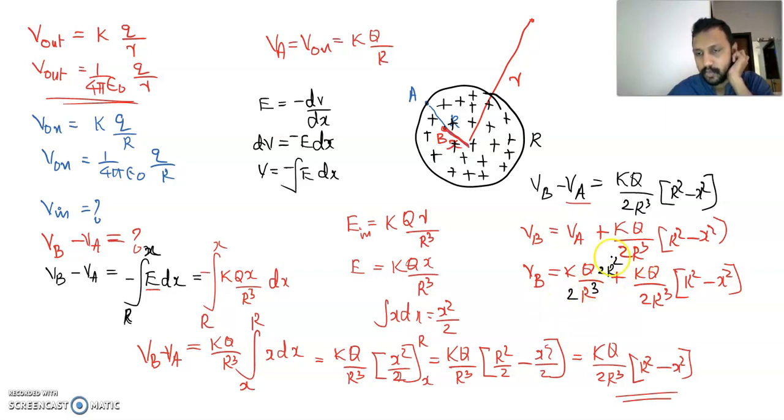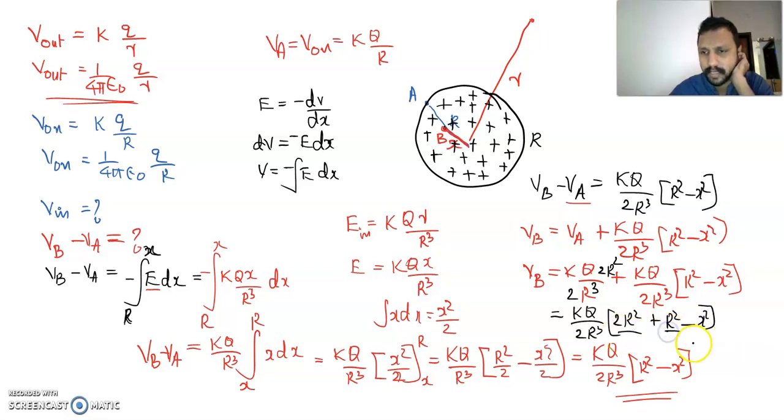Therefore I am multiplying an R square and dividing an R square and multiplying a 2 and dividing a 2. I could make it like this. Then we could take this kq divided by 2R cube common out. Then we will get kq divided by 2R cube into 2R square plus R square minus x square. That means 2R square plus R square is 3R square.